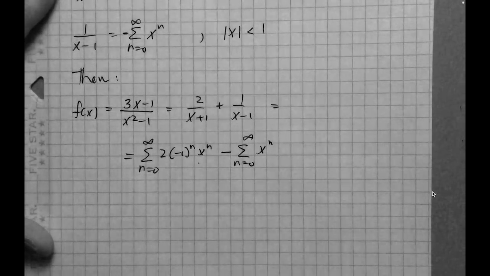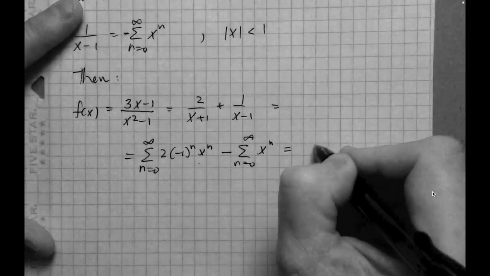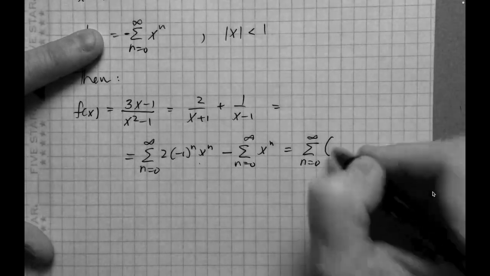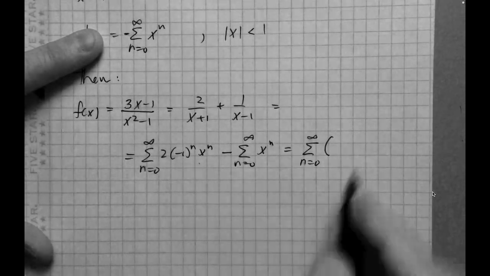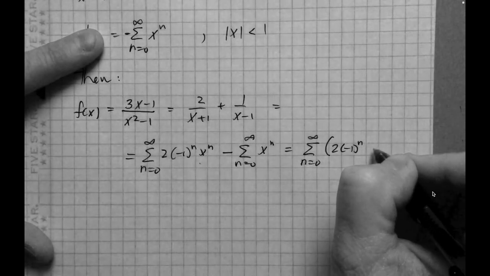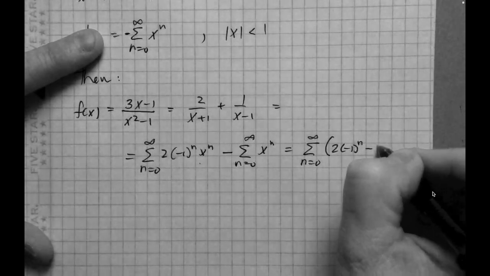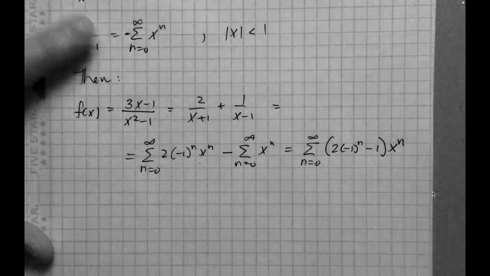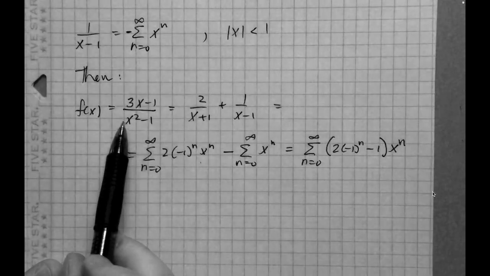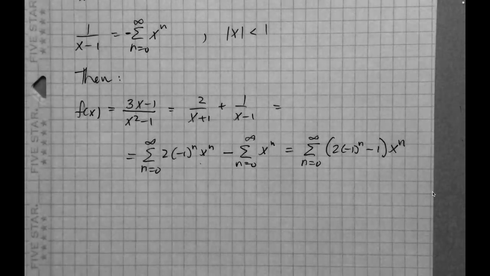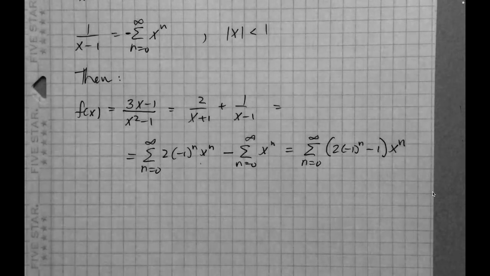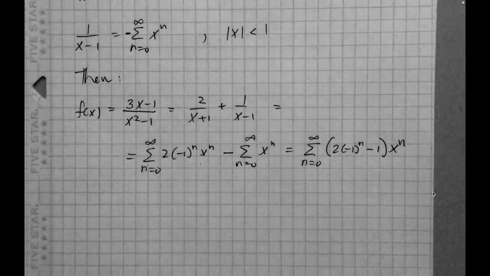Okay, and all of this can be combined. And what do we get when we combine this? Well, you can just combine the coefficient part, right? So it'll be 2 times negative 1 to the n, and then it's just minus 1, isn't it? Times x to the n. So this is a power series for this more complicated function, but it's based on just this partial fraction decomposition of that more complicated function and then just the sum.